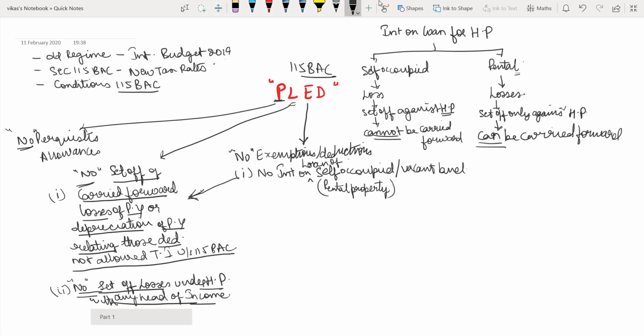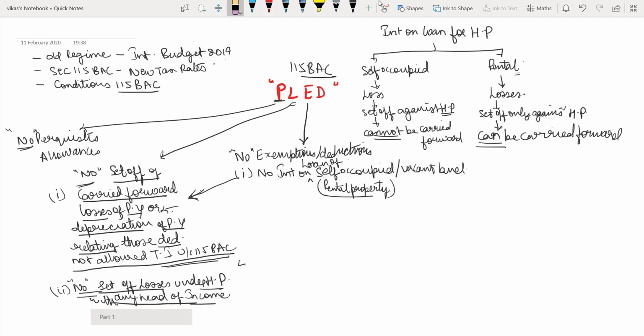It is clearly said over here. If losses relate to those deductions which are not allowed while computing total income under section 115 BAC, that is interest on loan of self-occupied property and vacant land, it will not be allowed to be carried forward. However, that of rental property can be carried forward.